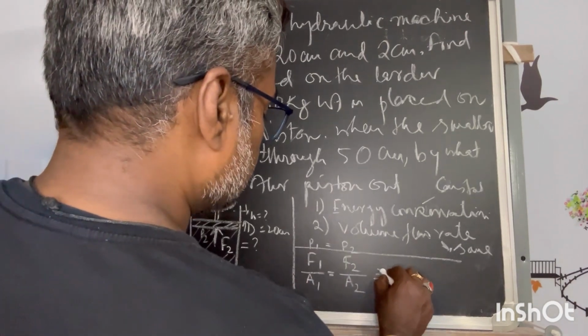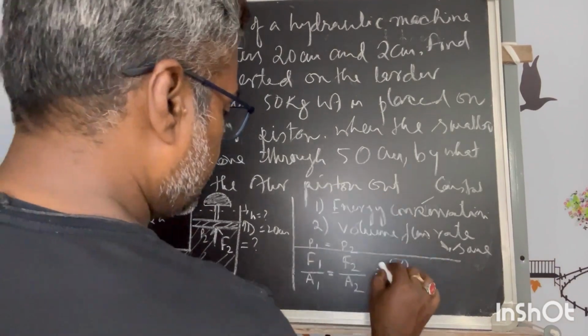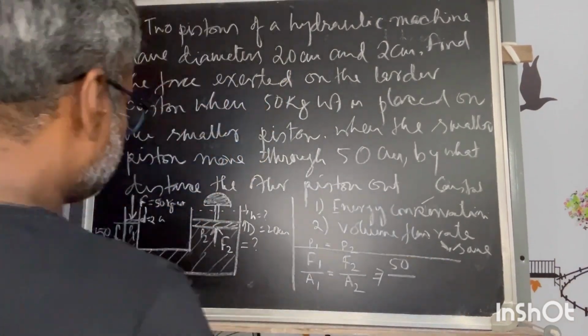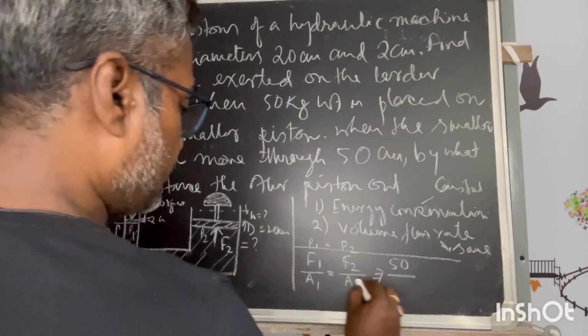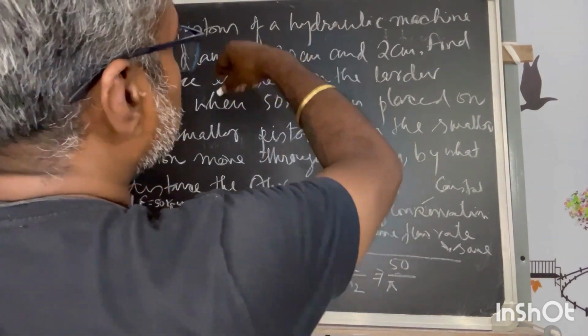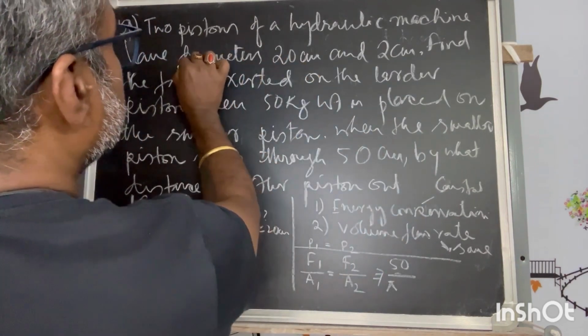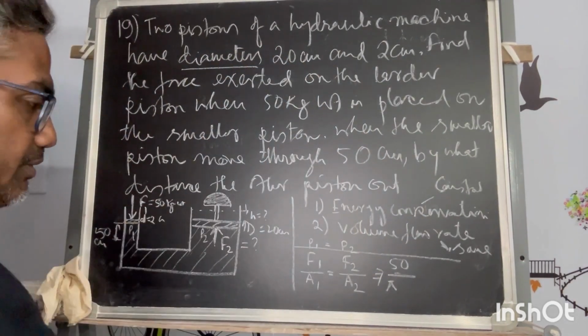Now force is 50 kilo weight, I am keeping it the same, and the cross section is of a piston, that means it is circular, and the diameter is given.